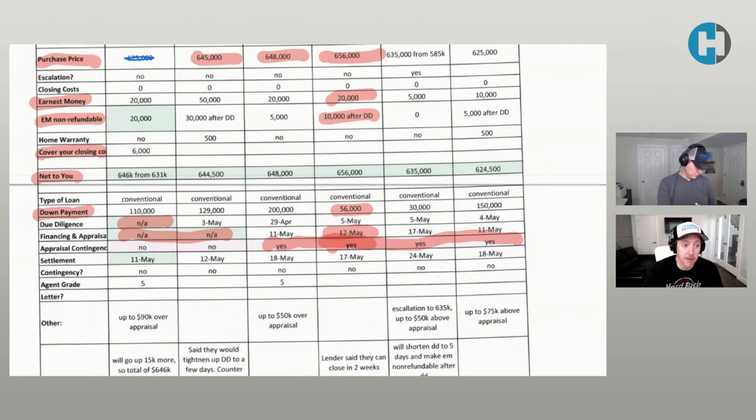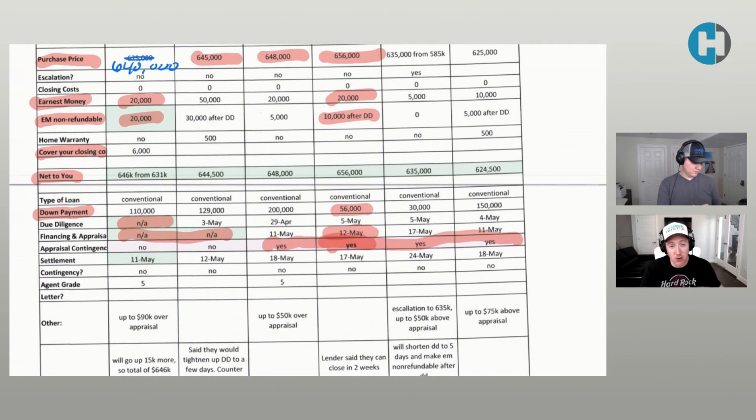So he came up 15,000 to 640. And here are the reasons why. We're 16,000 below the highest offer, but let's look at everything. How much earnest money was our buyer willing to put down? $20,000. How much was hard? All of it.